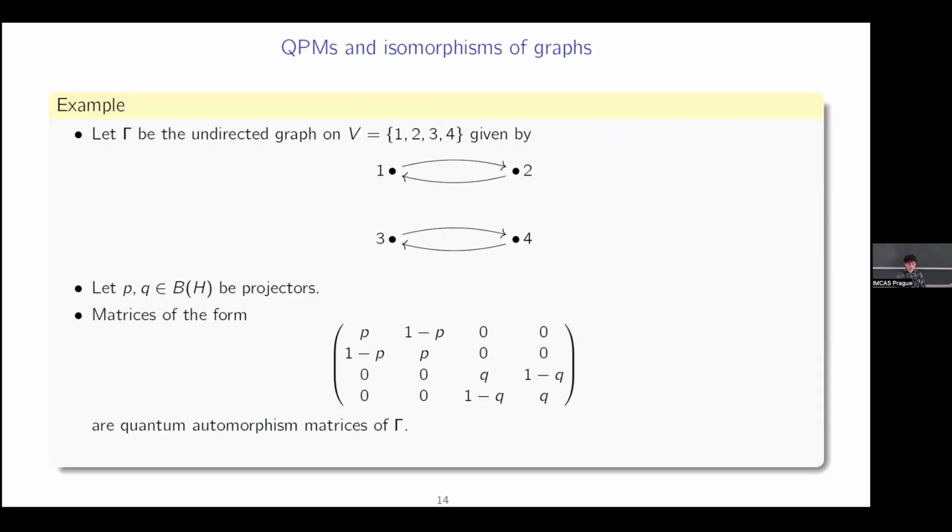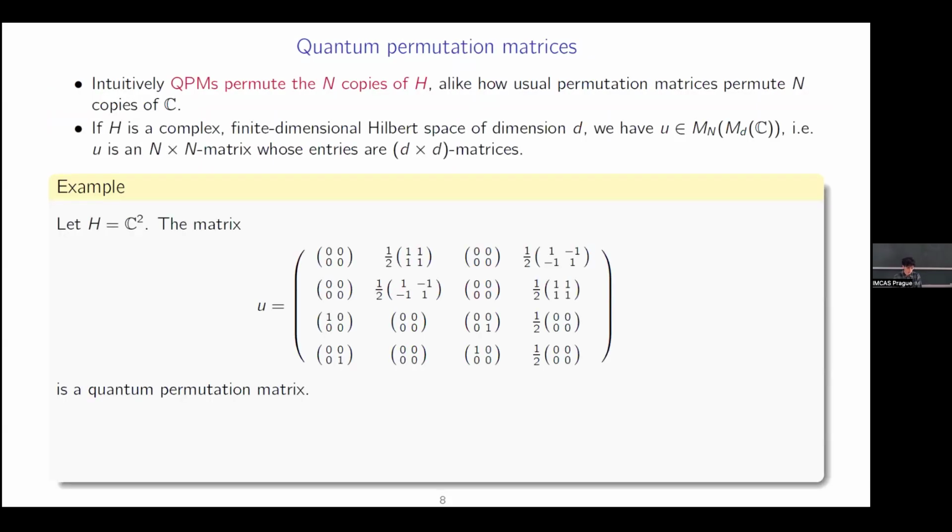So matrices of this form here, you can take a look at this matrix a little bit if you want, are quantum automorphism matrices of gamma. Quantum automorphism matrices, of course, relate to the same definition that I was giving before. The only difference is that now we are using the same graph twice instead of two different graphs. And so in particular, the matrix that I wrote here is a quantum isomorphism matrix of the graph that I was presenting in the last slide.